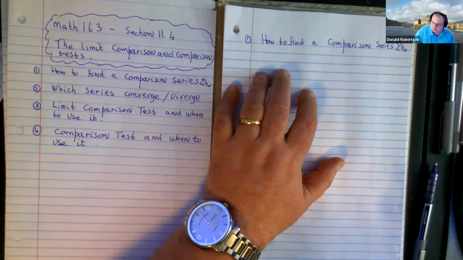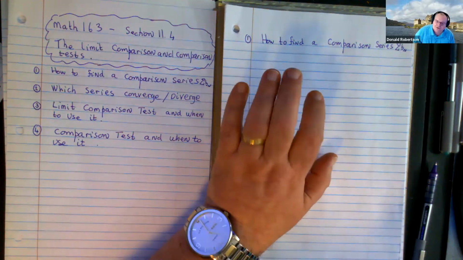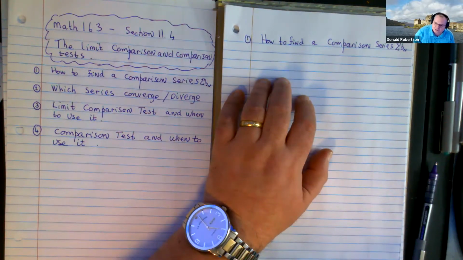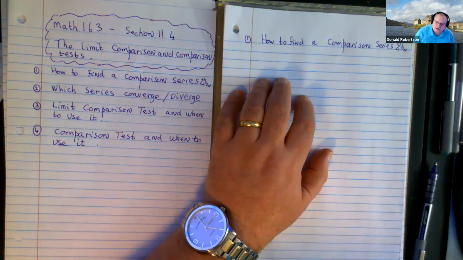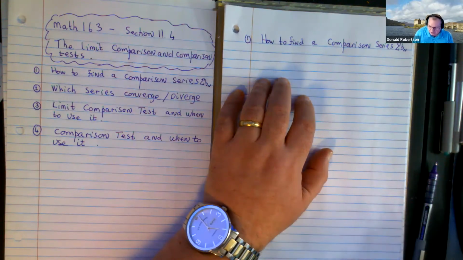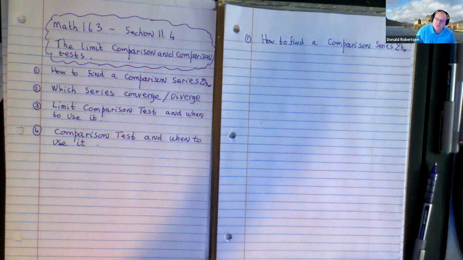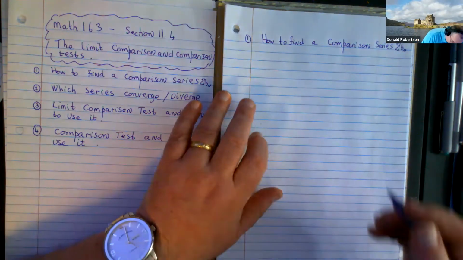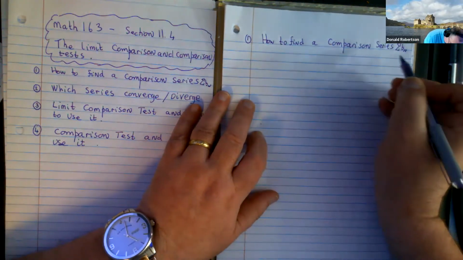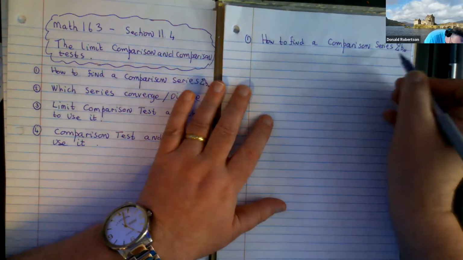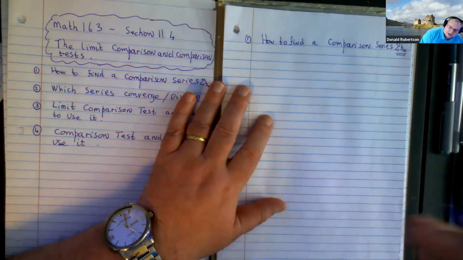We can't use the tests that we know. So what we do is we take this original sigma a_n and find another series, much simpler looking, but that behaves the same way, and it's called the comparison series. Then you look at what the easy comparison series does, and you compare it to your original, and from that you can make a sensible conclusion. So first thing I'm going to do is show you how you create this new comparison series.